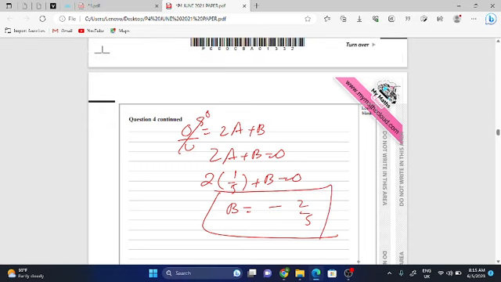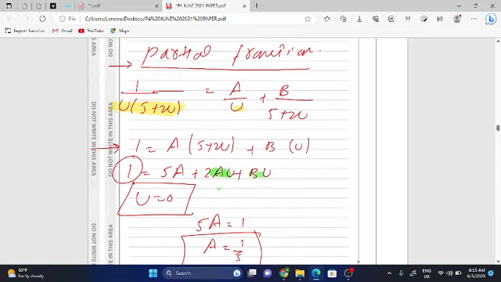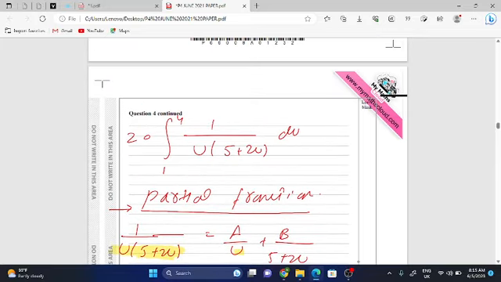Now you have the two values that are needed, the value of a and b. So plug their values back into the main integration. That was this one, equation number 1 for example.